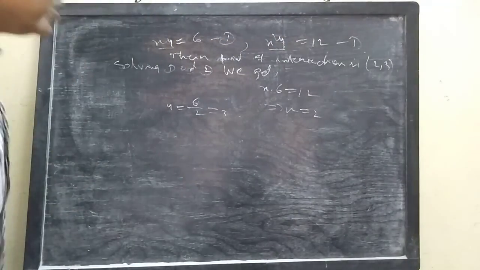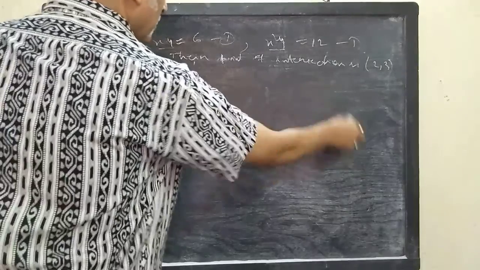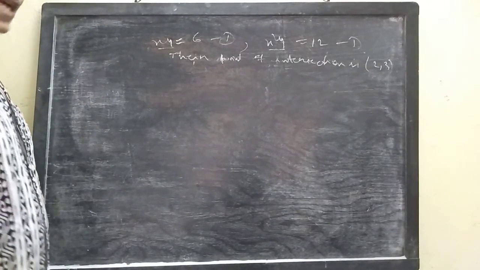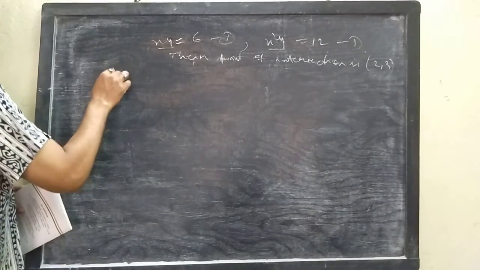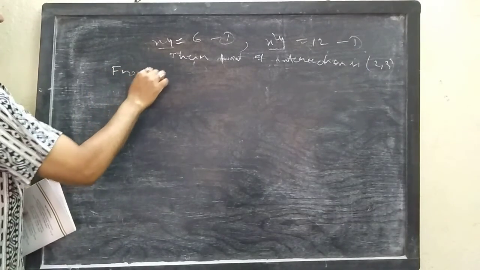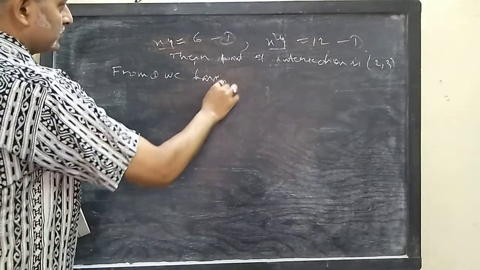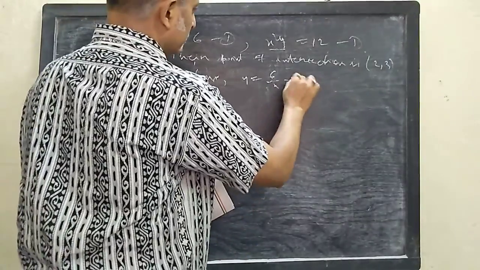Now our duty is to find dy/dx of both the curves at the point (2, 3). That is the slope of the tangent to the curve at the point (2, 3). So from 1 we have y equals 6 by x.